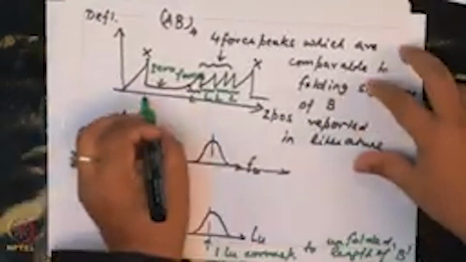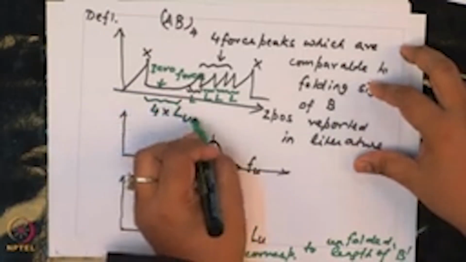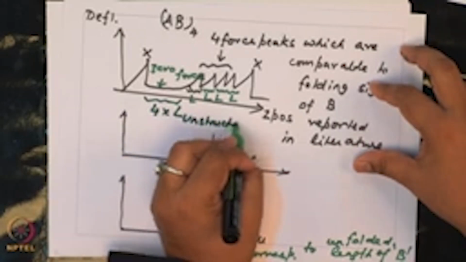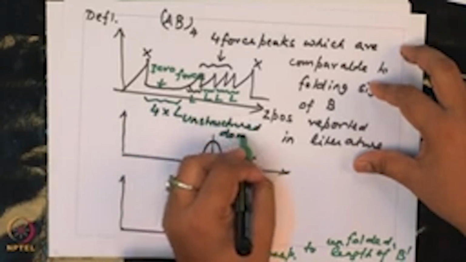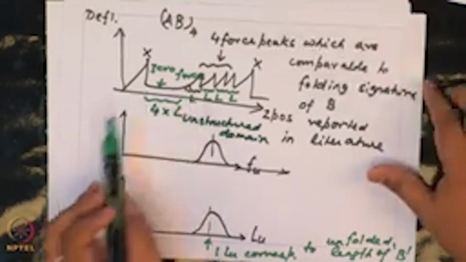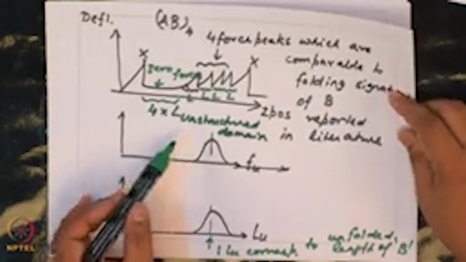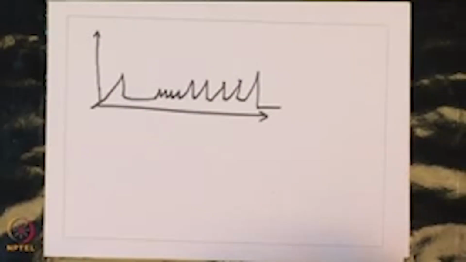So, in that case, what does this length correspond to? This length corresponds to 4 times the length of an unstructured domain. So, this long gap of almost 0 force is nothing but 4 times the length of one unstructured domain of A. This is one possible case where you have a domain A which does not have a structure per se. Now, let us take another case.